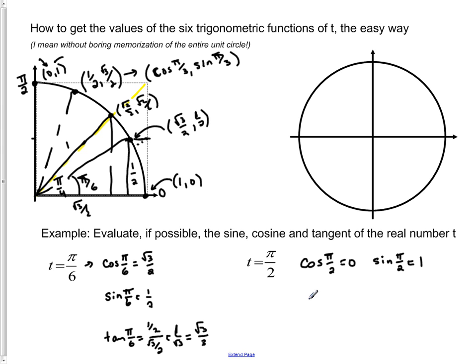Now, if we wanted to get the tangent of pi over 2, we might find we had a little bit of a problem. The problem for us is that if we take the value of sine and divide it by the value of cosine, we get 1 over 0, which is undefined. And so we do not actually get a value for tangent of pi over 2.